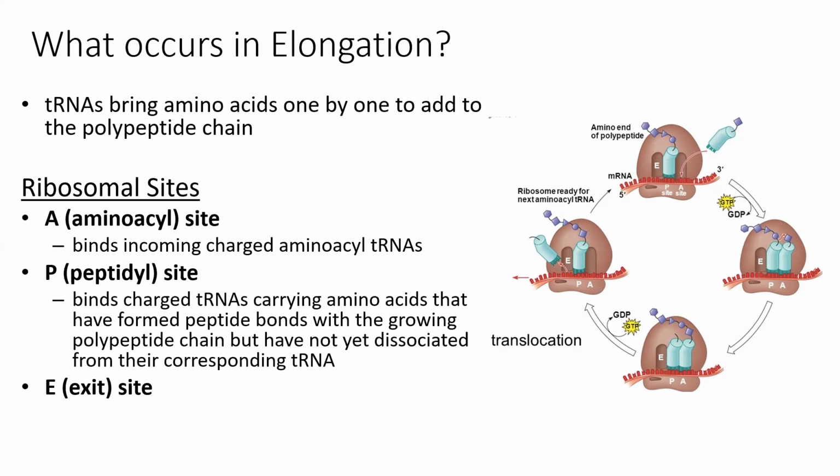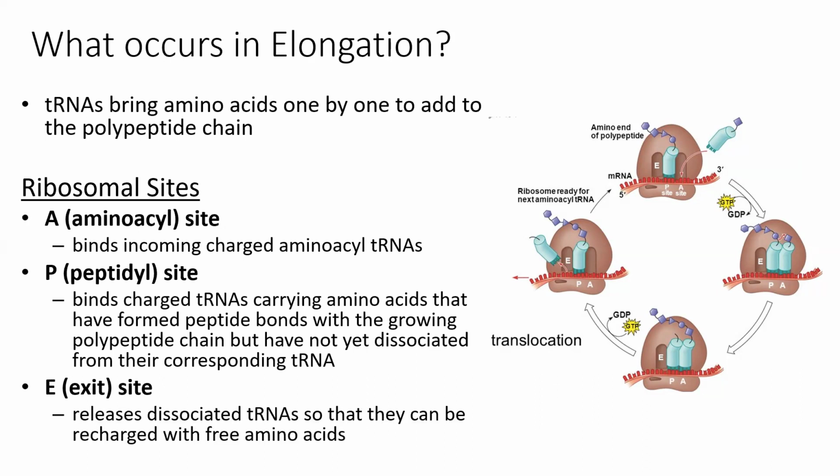And then there's the E site, where it releases the uncharged or dissociated tRNAs, so they are free to get recharged with free amino acids.